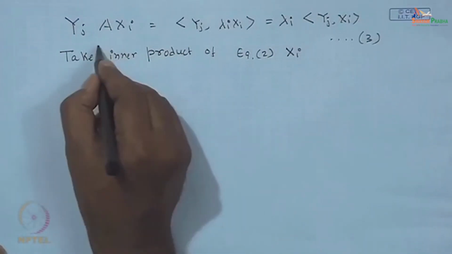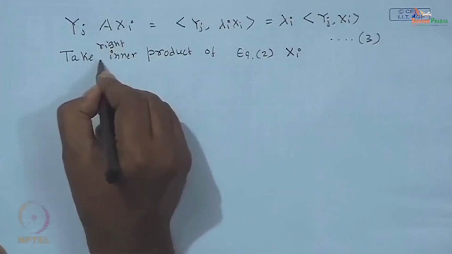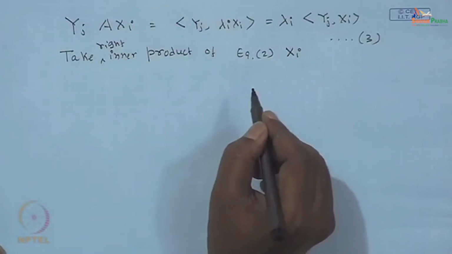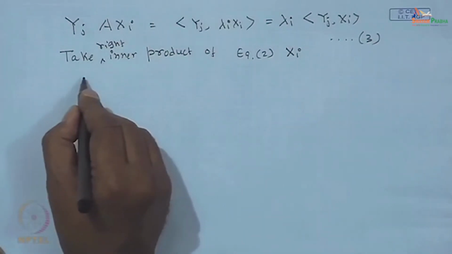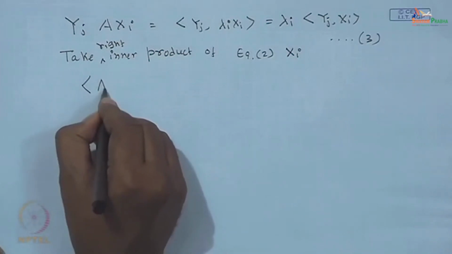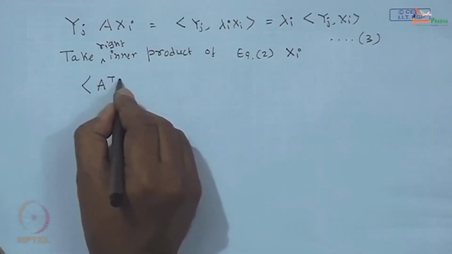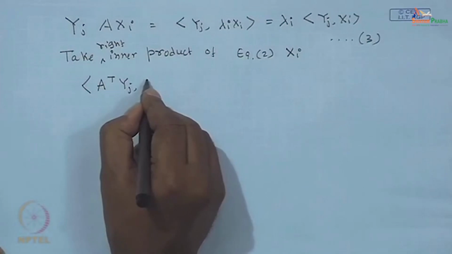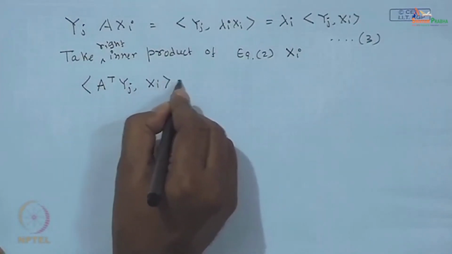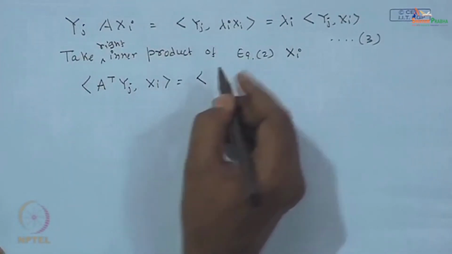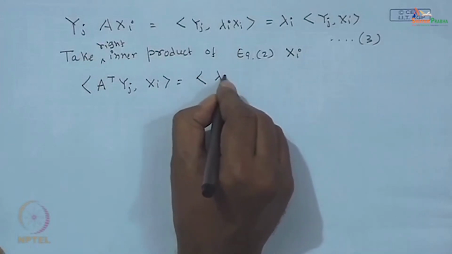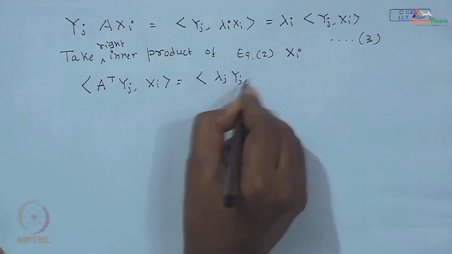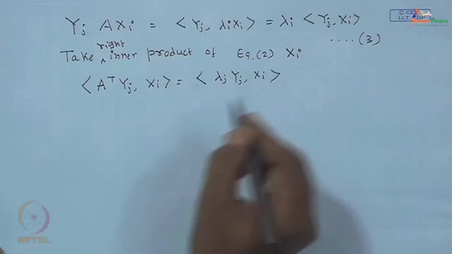So, we take the right inner product of equation 2 with respect to x_i. If we do that, what we will be getting is that the inner product of A transpose y_j and x_i is equal to the inner product of lambda_j y_j and x_i.